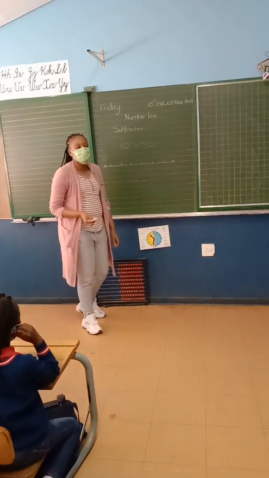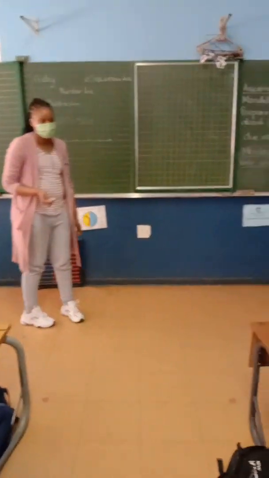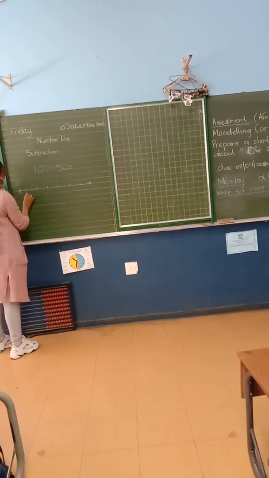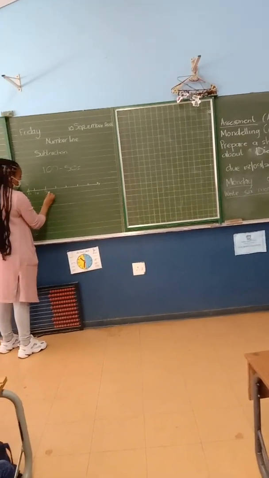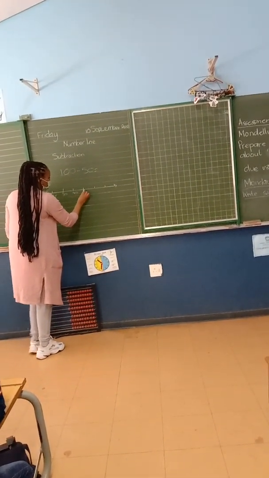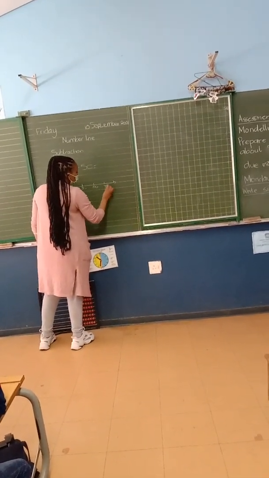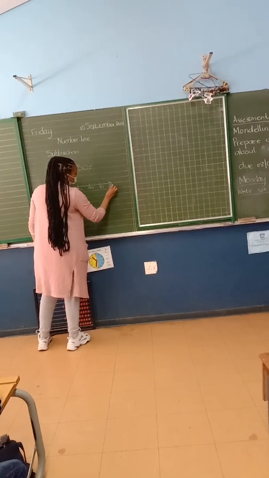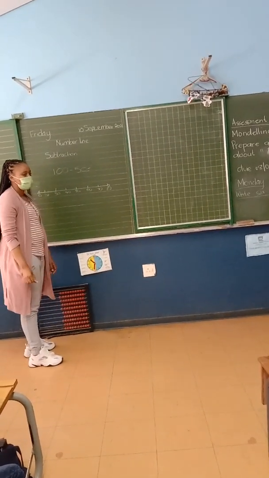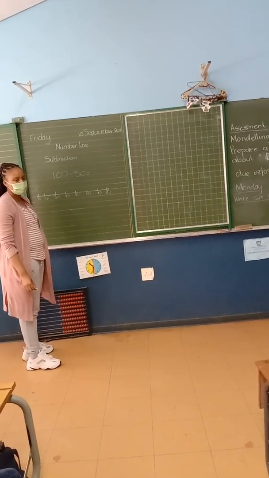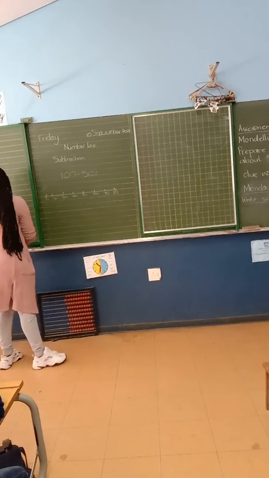You can start with 10. Let's see. Okay, you have 10, 20, 30, 40, 50, 60, 70, 80. That's it fixed. Right? So now what must happen?